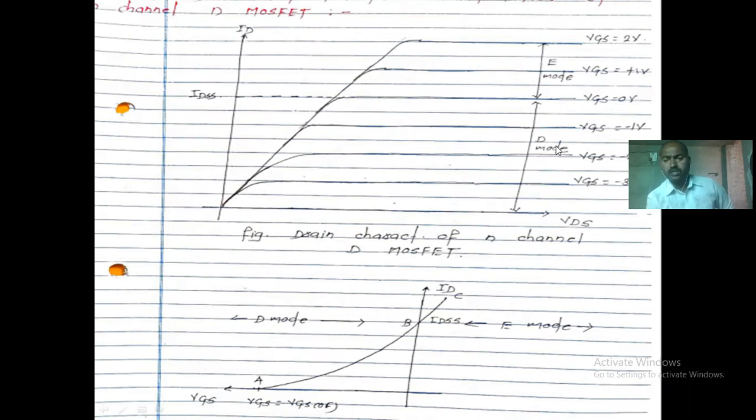As we go to more positive voltages, starting from -3, -2, -1, 0, a large amount of current flows through the device. So Vgs indicates whether the depletion area increases or decreases. As we increase the positive voltage of Vgs, it acts as a forward biased PN junction diode, so the largest current flows through the channel. This is the behavior of the N channel D MOSFET, right?